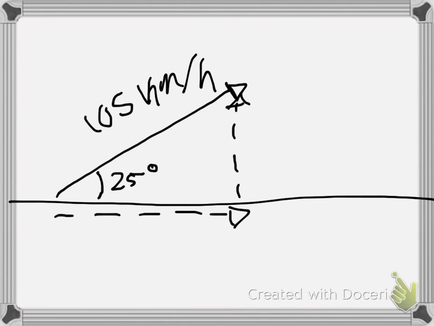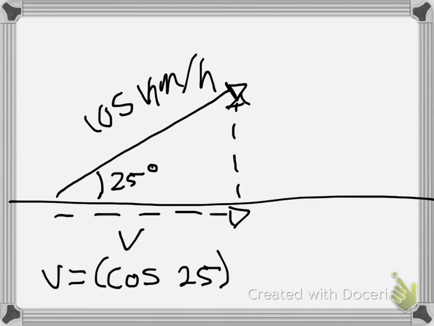Okay, so your equation should come out to, we're just going to call it v, since it's a velocity. So v is going to be equal to cosine of 25 times 105 kilometers per hour.